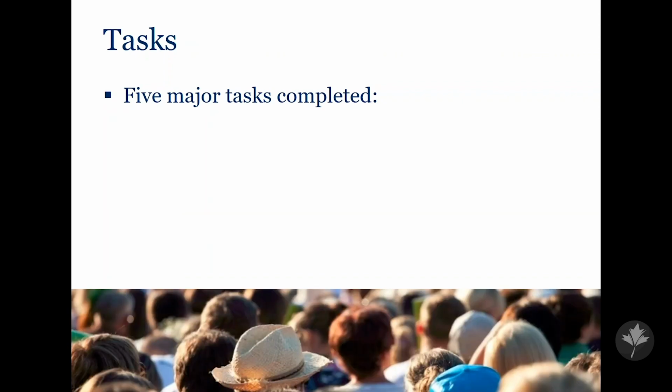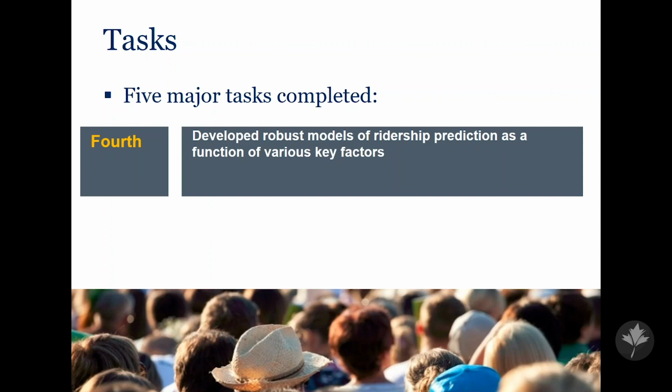And we used this data in the next task to develop robust models of ridership prediction as a function of different variables, factors. And that was really the key deliverable of this study, those models that enabled us to gain better understanding of the factors that really explain the variation among different transit agencies and also across time.